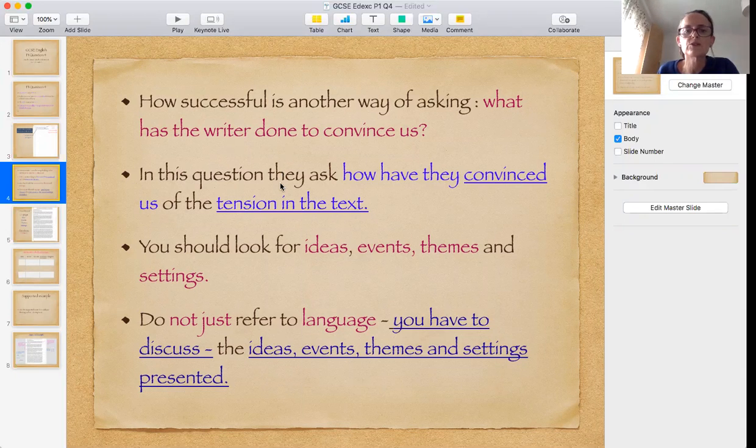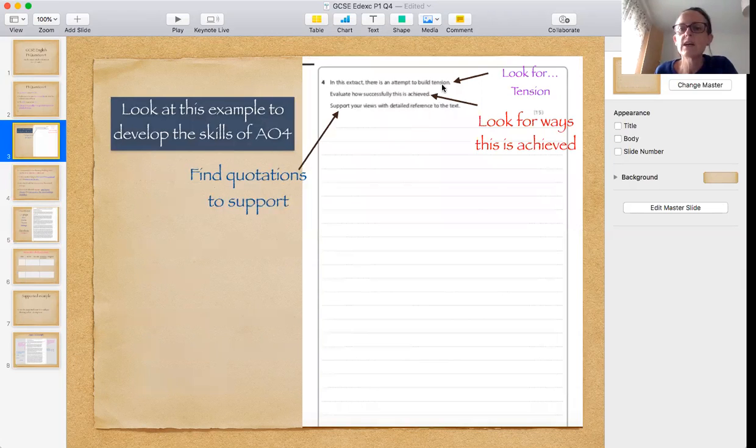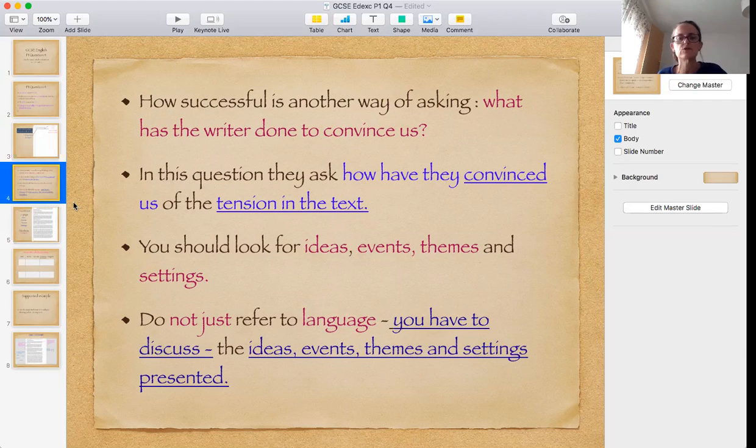And in this question, they ask, how have they convinced us of the tension in the text? So we're looking at how the writer convinces us of the tension in the story. Okay, so we know from the question that we're looking for tension, and we're looking for ways that successfully we've been convinced of the tension.